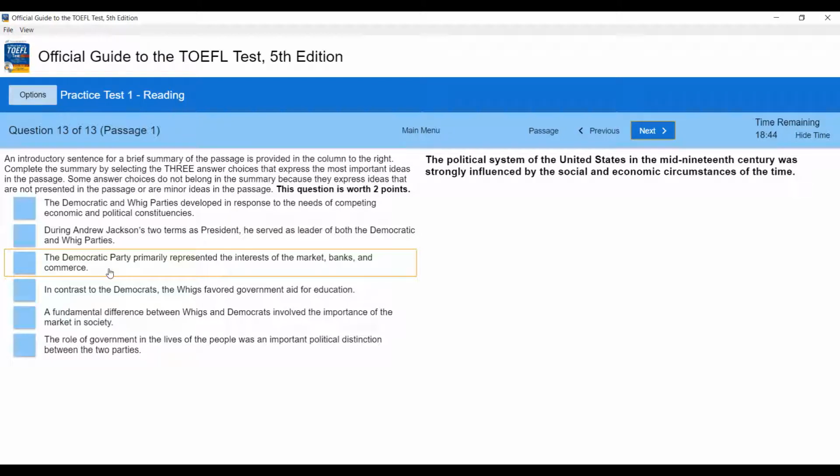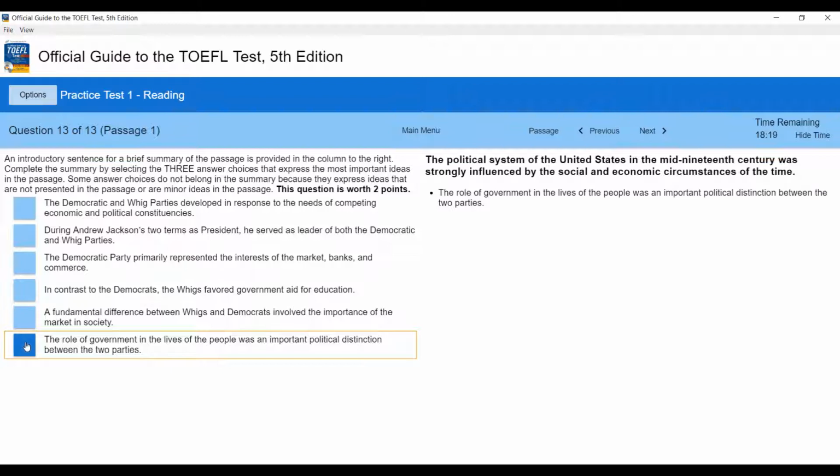The Democratic Party primarily represented the interests of market, banks, and commerce. In contrast, the Whigs favored government aid for education. The fundamental difference in Whigs involved the importance of the market. The role of government in the lives of people was an important political distinction. Yeah, I would go with the role of the government. There was a paragraph about that. Also, this, the importance of the market.